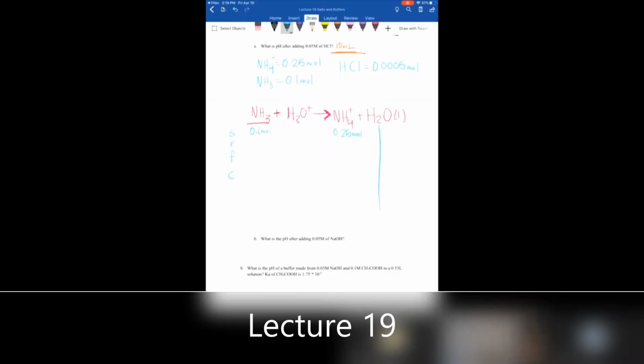Okay. So you're reacting, your clue kind of comes from the equation. You know that your HCl is going to completely react. Like there's none of it going to be left. So if HCl completely reacts with NH3, what are the moles of NH3 going to change by?